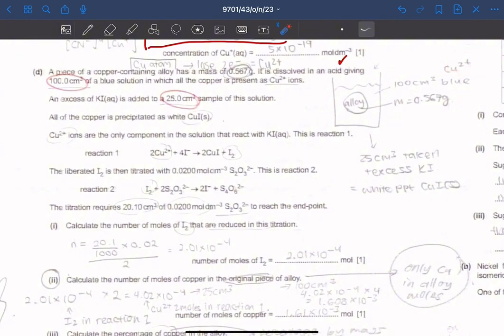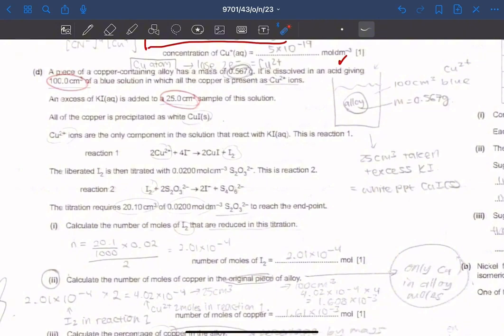And then there is an alloy dissolved in this solution, which has a mass of 0.567. We take out 25 cm³ of it, and we react with excess of KI. All of the copper is precipitated as white CuI solid. Cu²⁺ ions are the only component in the solution that react with KI aqueous.